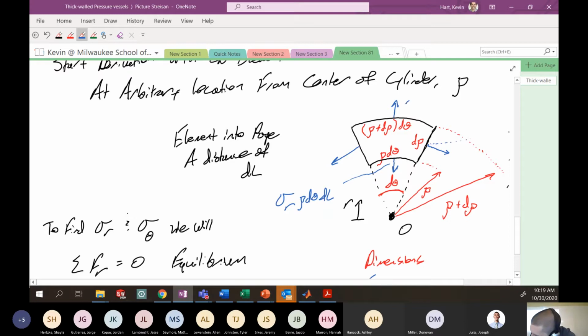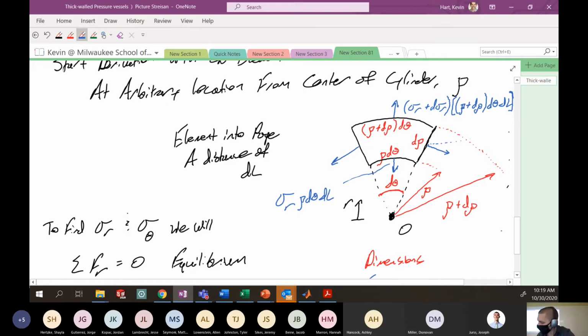So here the total force is the stress on this face, which is sigma r plus the differential stress that I add to it, d sigma r, multiplied by the area over which it's acting, which here is rho plus d rho times d theta, all times dl, the length into the page.